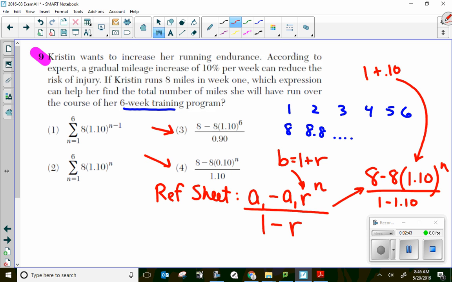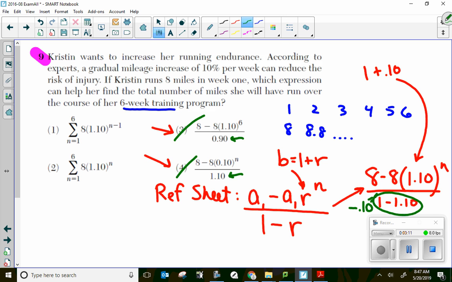If I simplified the denominator, I'd get negative 0.10 on the bottom. This is not negative 0.10. Neither is this. That's bad. So it is not 3 or 4. We are immediately down to either 1 or 2.